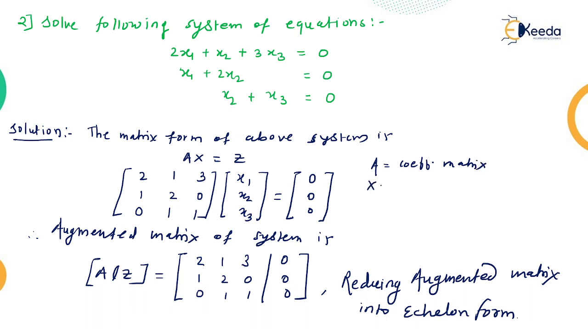Also X is called the unknown matrix, and Z is called the null matrix, or simply the zero matrix. Then we have to take the augmented matrix, which is the combination of matrix A and Z. This can be written as: first row 2 1 3, second row 1 2 0, third row 0 1 1, and the combination with the zero matrix, that is 0 0 0.